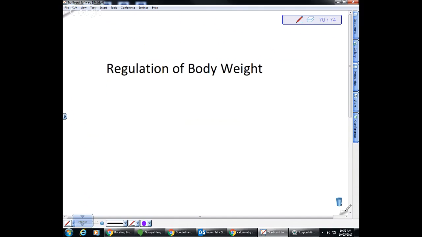You want your body weight to stay relatively stable over time. What happens, however, is that as we age, it tends to creep up. People will gain weight and then they'll be at maybe an unhealthy weight for a long period of time. And so the question is, what maintains our body weight? This is what is referred to as the set point hypothesis.